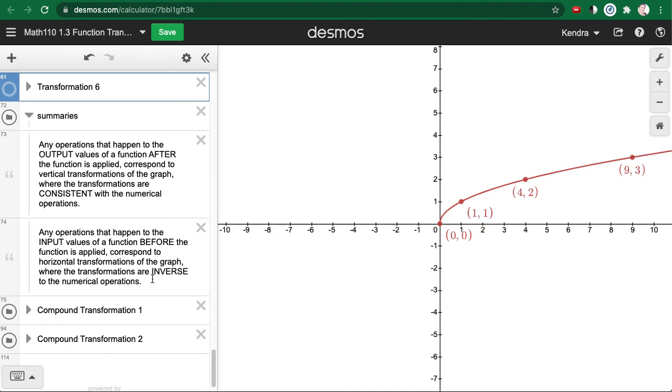So inverse to the numerical operations. If you add 5 to the input values before applying the function, then you subtract 5 from the x-coordinates on the graph. All right. I'm going to stop this here and I will do a couple of compound transformations in a separate video.